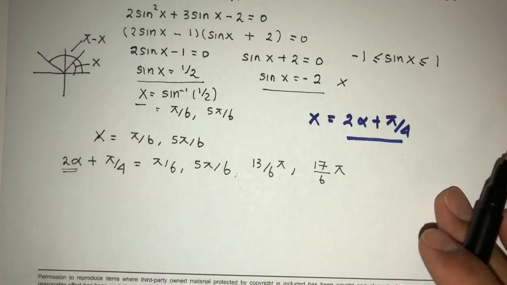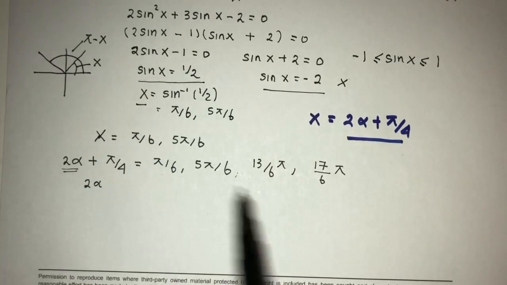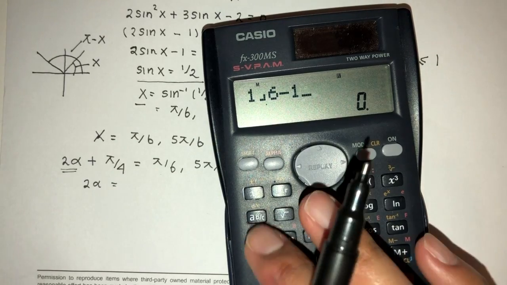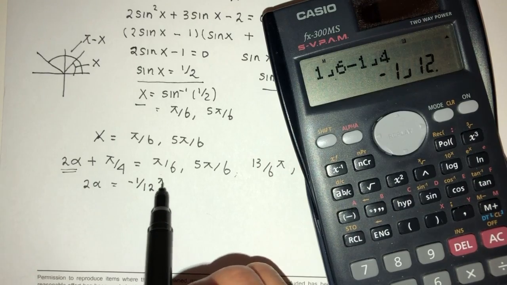And now we have to solve for the value of alpha. So first, we have to subtract pi over 4. So 1 over 6 minus 1 over 4 will be minus 1 over 12 pi.